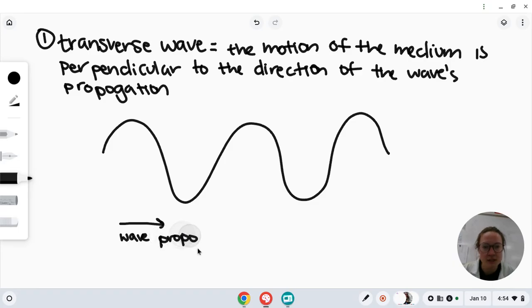Propagation just means which way is the wave actually going. If the wave is actually going this way, each little particle on this wave bounces up and down like this. Notice that each little particle moves perpendicular to the direction of the wave propagation.